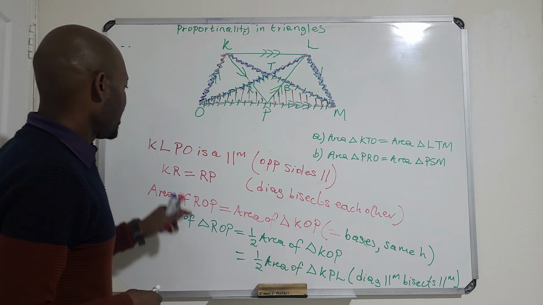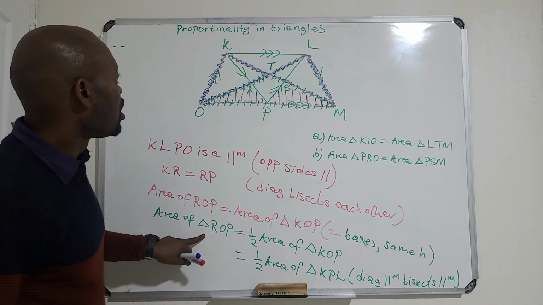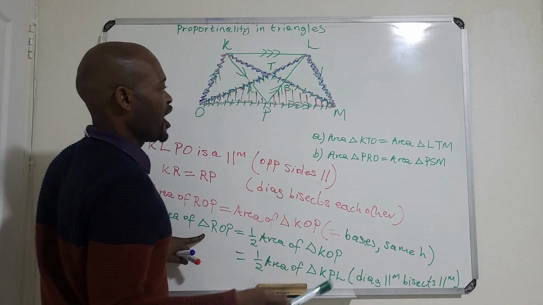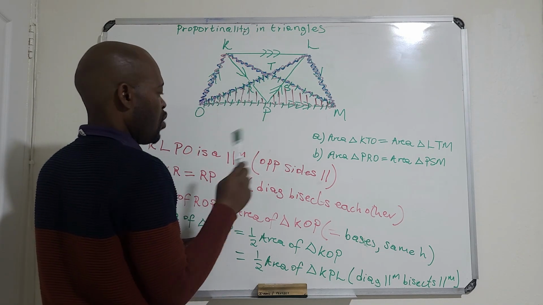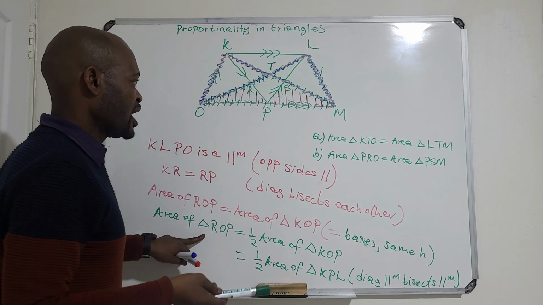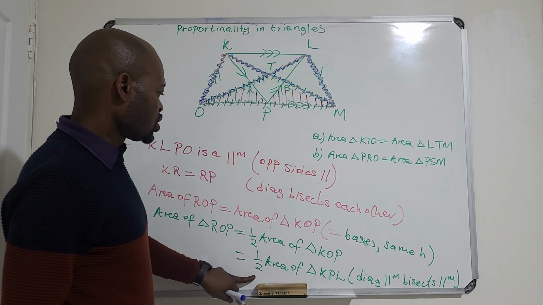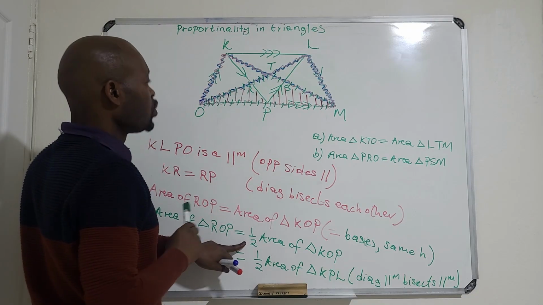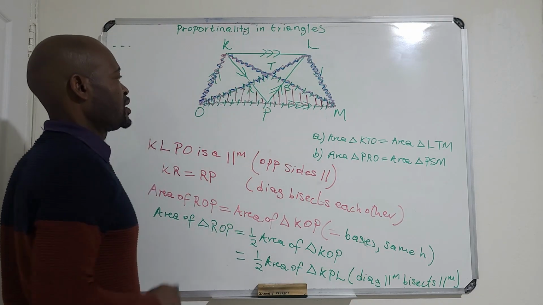Now, we have just shown that the area of triangle ROP, or the area of triangle PRO, whether it's ROP or PRO, one and the same thing, is equal to half the area of this, which is also equal to half the area of that.